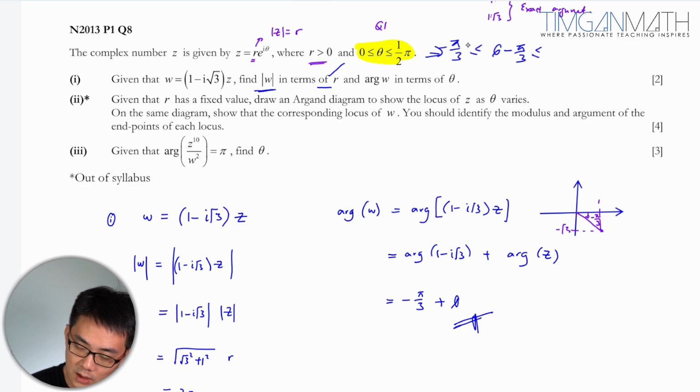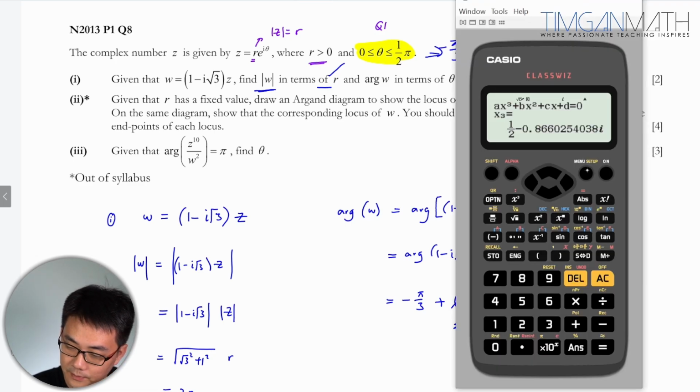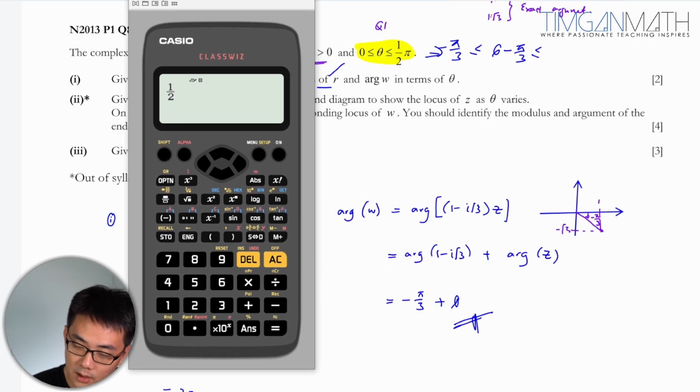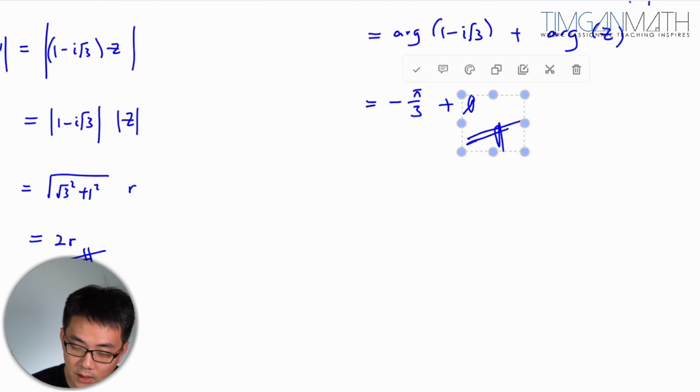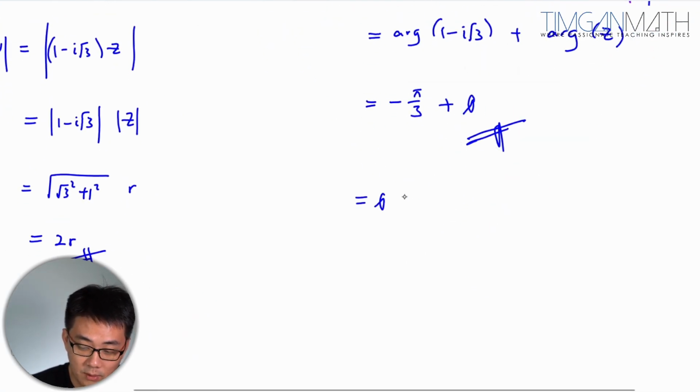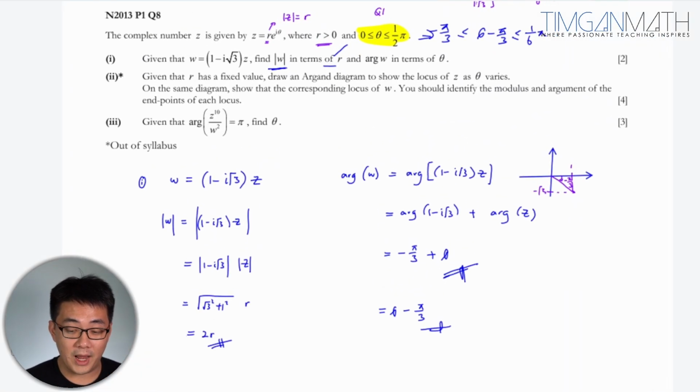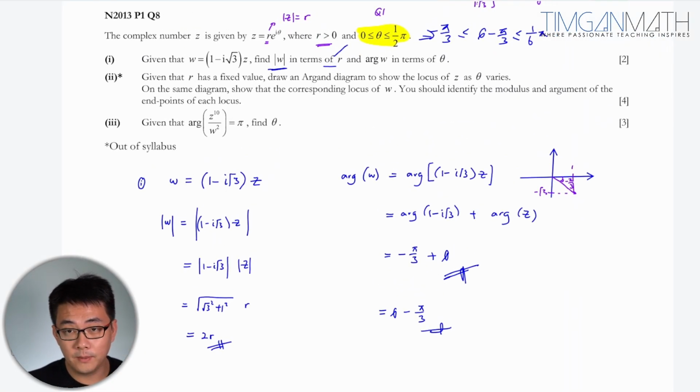I just want to see whether it's within the principal angle range. Theta minus pi over 3 is actually still in the principal angle range, so you don't need to worry about it. If this is not in the principal angle range, then you need to plus or minus 2 pi.